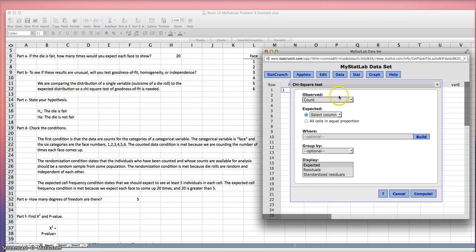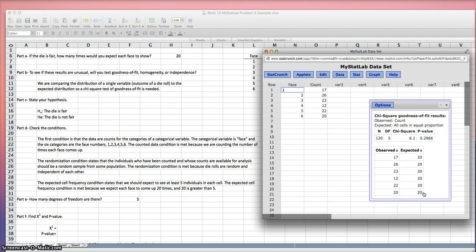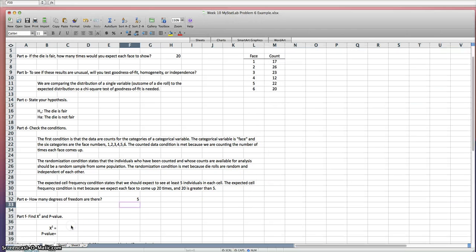So we'll put that in observed. Our expected is going to be all cells in equal proportion, because we're expecting to have 20 of each one. We want to display our expected results here. That's all we got to do, and hit compute. And there we have it. There's our chi-square and p-value right there for us. So let's go ahead and post those here.